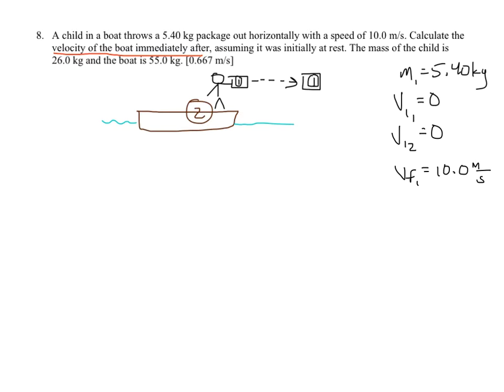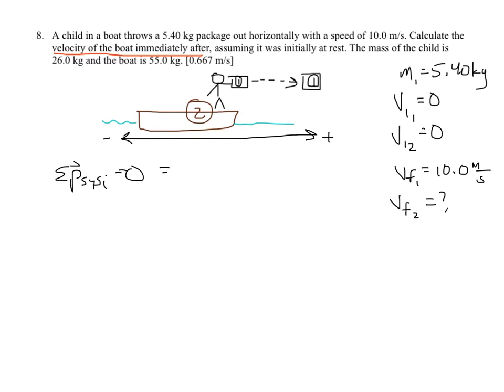So if this direction is positive, then this direction right here has to be negative. We want to find the velocity of the boat, so the final velocity of object 2, that is the boat and child. That's what we want to find out. Once again, we can say that the initial momentum of the system equals 0.